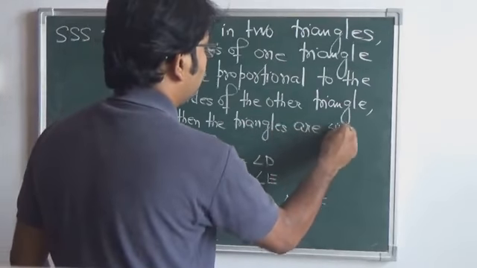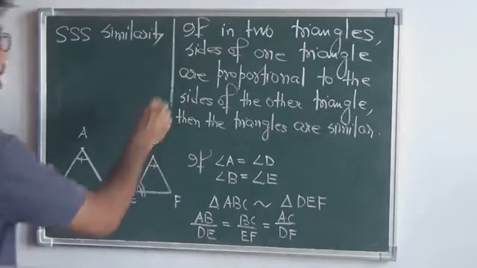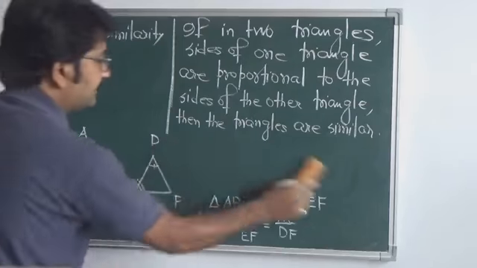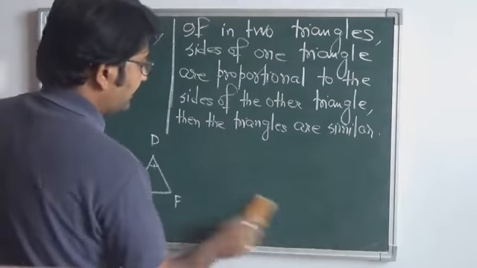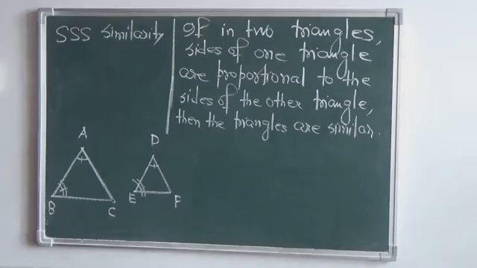So here, if you can prove that the sides of one triangle are proportional to the sides of the other triangle, then we can say that the two triangles are similar.